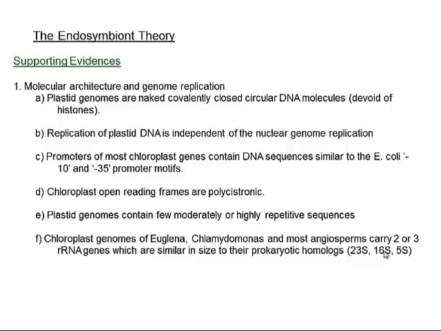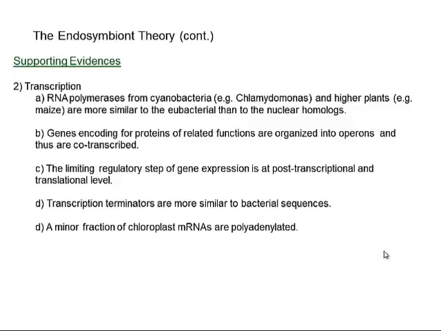For example, the chloroplast genomes of Euglena, Chlamydomonas and most angiosperms contain ribosomal RNA genes which are similar to their prokaryotic homologs. In terms of transcription, the RNA polymerases are very bacterial-like. I've already mentioned operons and co-transcription.